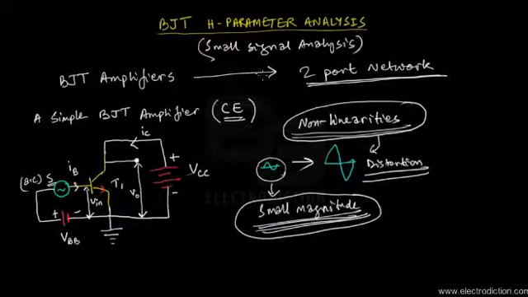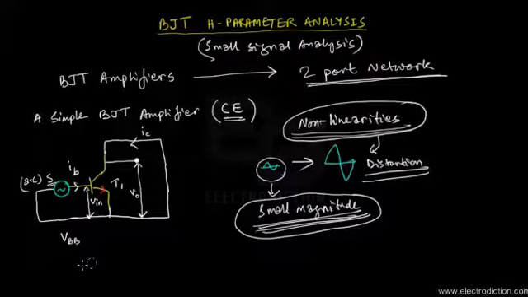So in this particular method of analysis, we're not going to include any of the DC biasing voltage sources that are present over here. So we just got rid of the DC sources. Oops, I just forgot to rub these out.